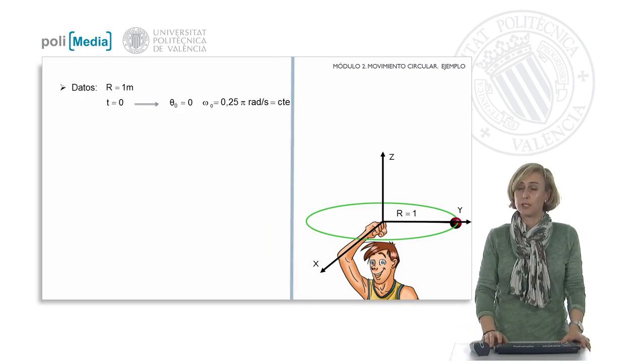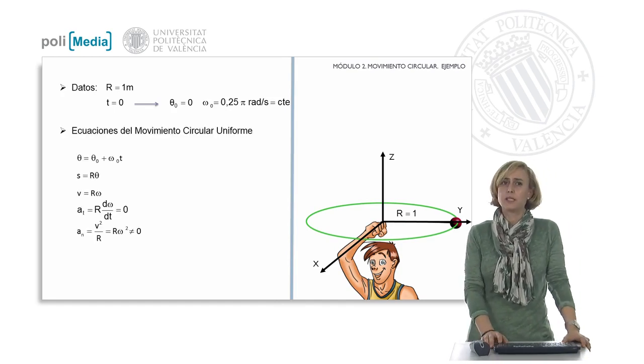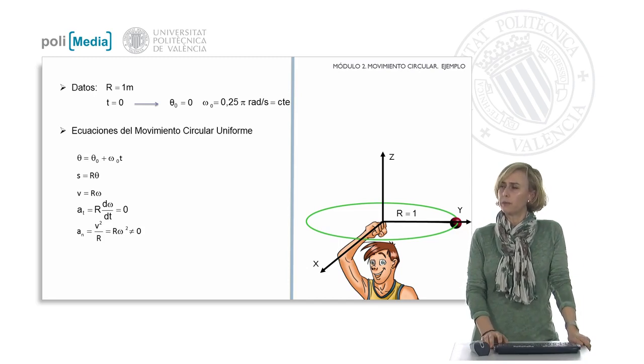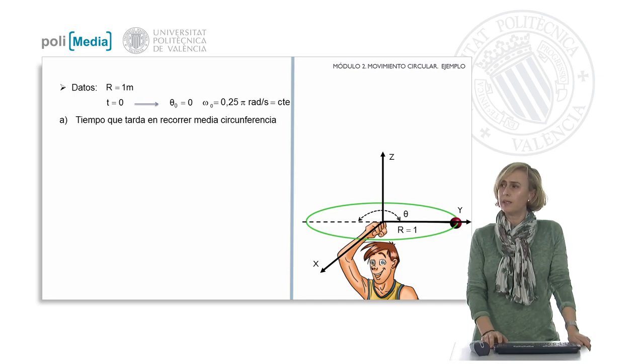We start from the data given in the problem, we take into account the expressions we have found in the class, and we get ready to solve the problem. The first thing we are asked is the time it takes to travel half a circle. Half a circle corresponds to a theta angle of pi radians.